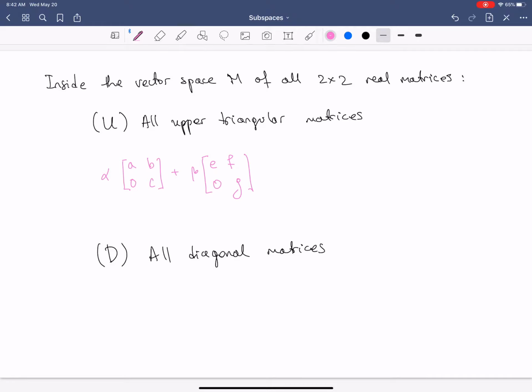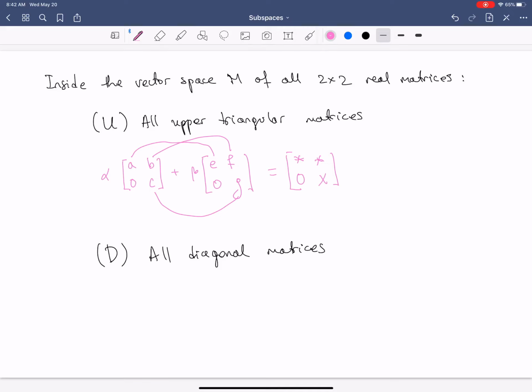Well, the way scalar multiplication and matrix addition work, I know that this alpha A and beta E will add up, alpha B and beta F, and alpha C and beta G. The key point is that whatever the answer is, there is a 0 here. So when you take two upper triangular matrices and then take a linear combination of them, you're going to get an upper triangular matrix. That tells you that the set of all upper triangular matrices represents a vector subspace of the vector space M of all 2 by 2 matrices.